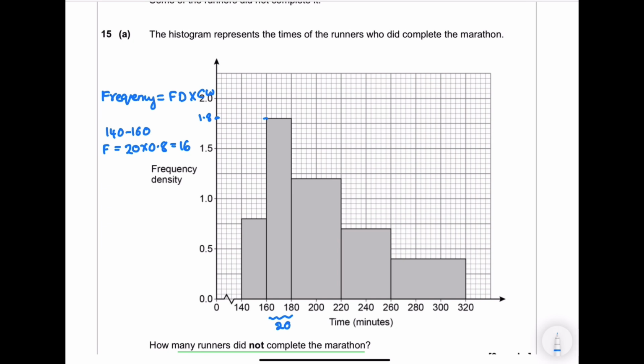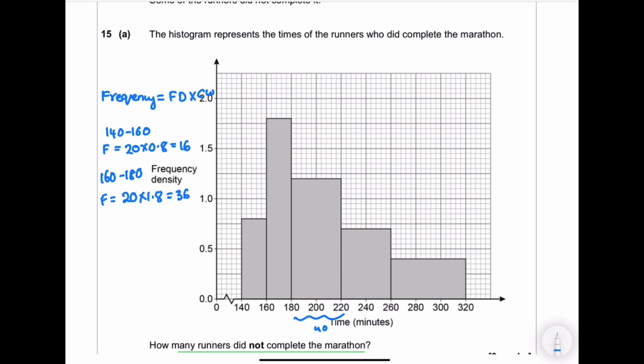Class width is 20 and frequency density is 1.8. So frequency is 20 times 1.8, which is 36. Frequency is 36 for that bar.